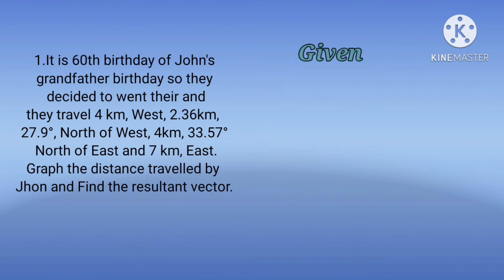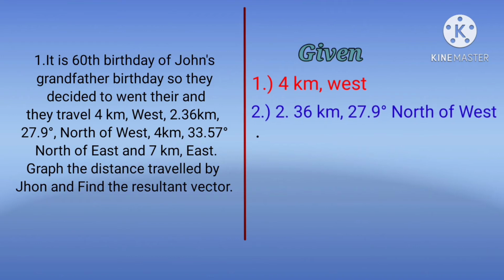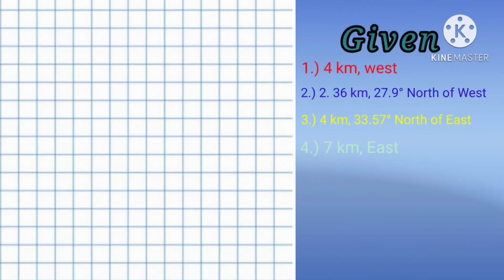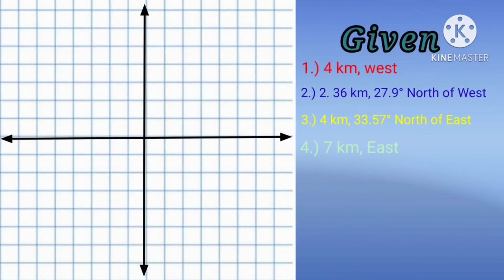So the first thing to do is to write the given vectors. First is 4 km west, second 2.36 km, 27.9 degrees north of west, third 4 km, 33.57 degrees north of east, and last is 7 km east. Before we start plotting our vectors, I use a grid where each square represents 1 km.